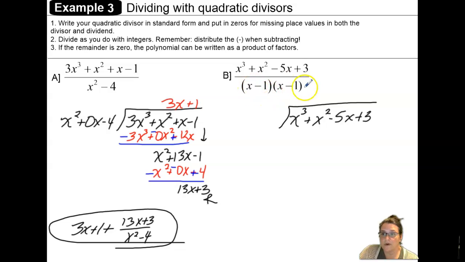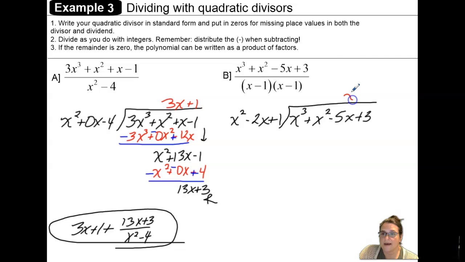So I'm going to FOIL this out. That's a perfect square trinomial. So when I FOIL, I'm going to end up with x squared minus 2x plus 1. Okay, that's the perfect square trinomial shortcut. So when I go to do this division, how many times does x squared go into x cubed?